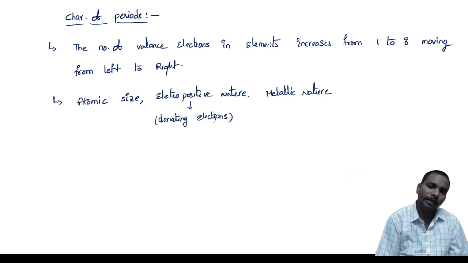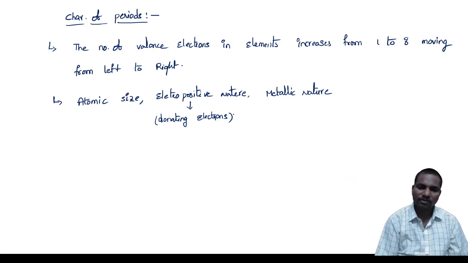Whenever they donate electrons, they become positive. Those which donate electrons are nothing but metals. And we know metals are basic in nature. So all electropositive elements are metals, and metals are basic in nature.